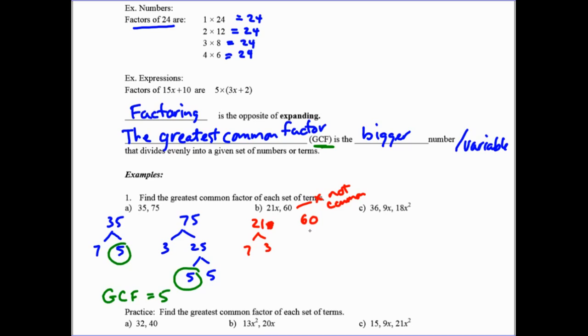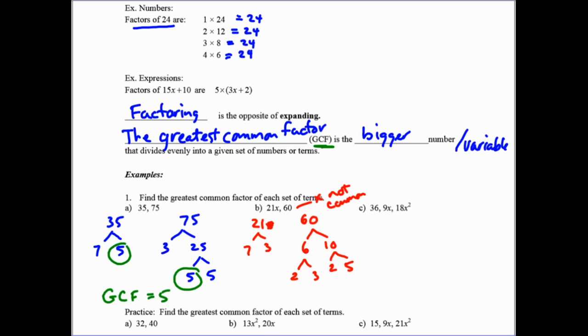So what is a 60? Well, 60 can be broken down to 6 and 10. That's an easy way. 6 can be further broken down into 2 and 3, and a 10 can go further into 2 and 5.